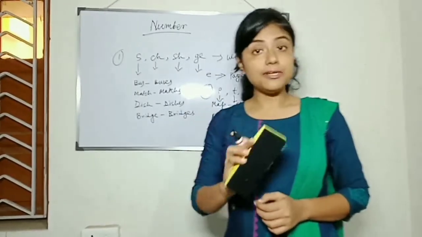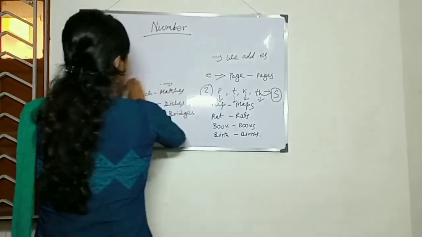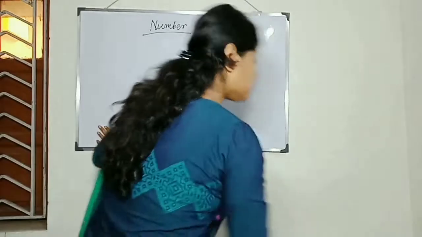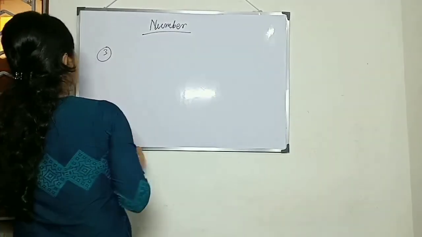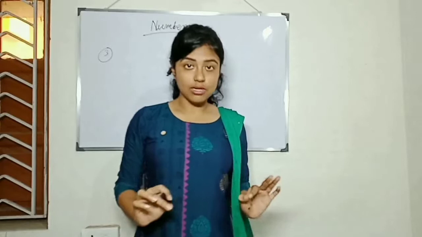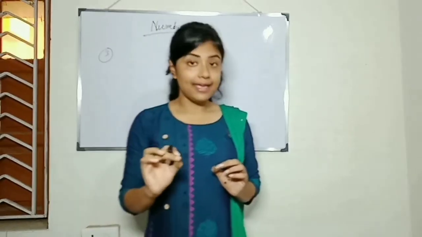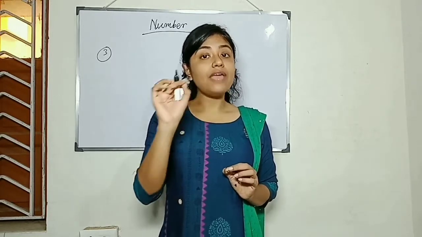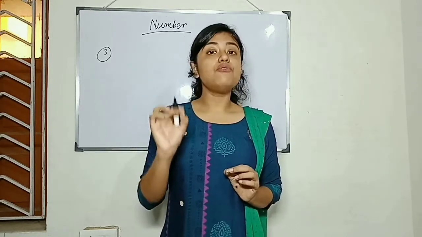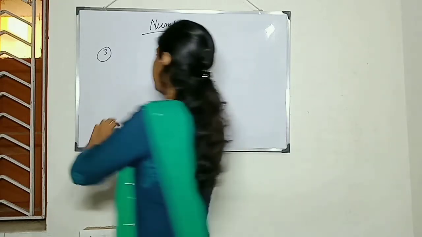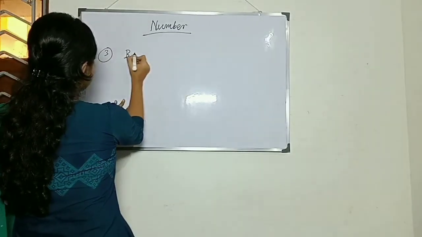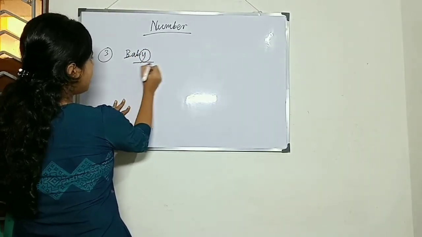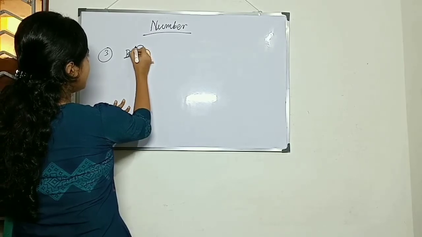Now comes rule number 3. If a singular ends in Y and it is preceded by a consonant, then Y will be replaced with I and we will be adding ES. For example, baby. Baby ends in Y and it is preceded by a consonant.